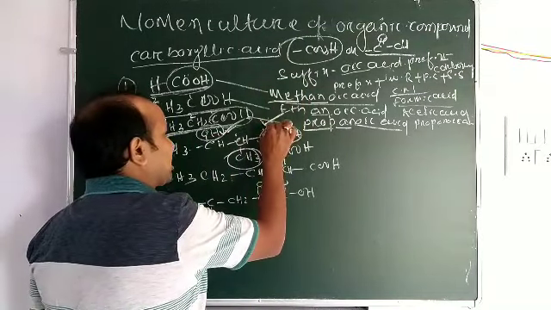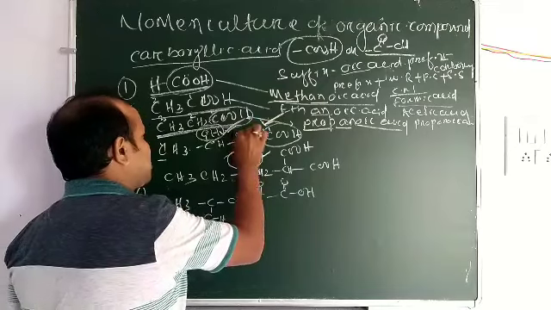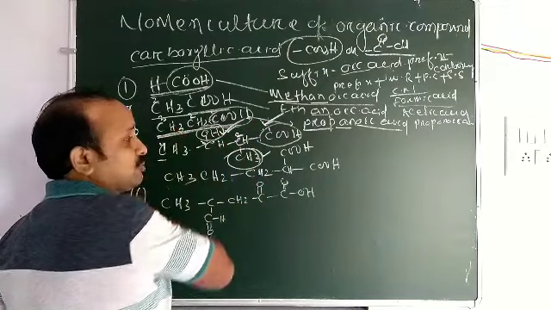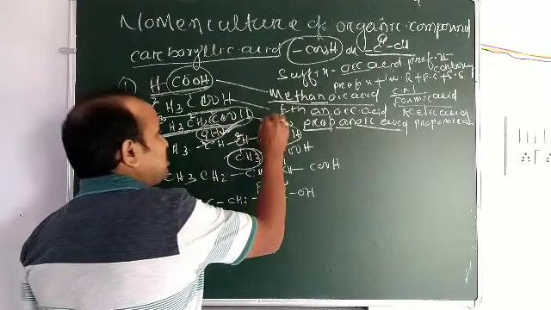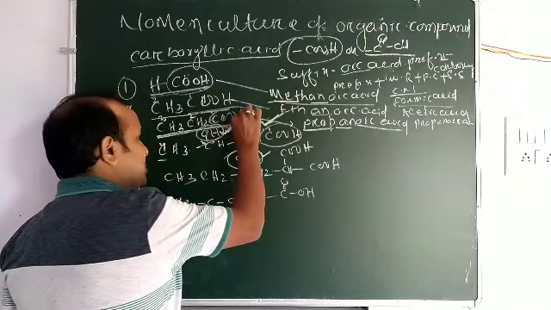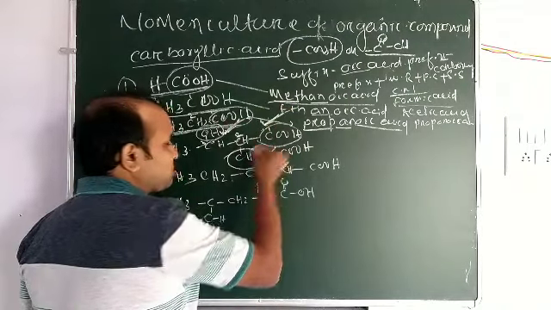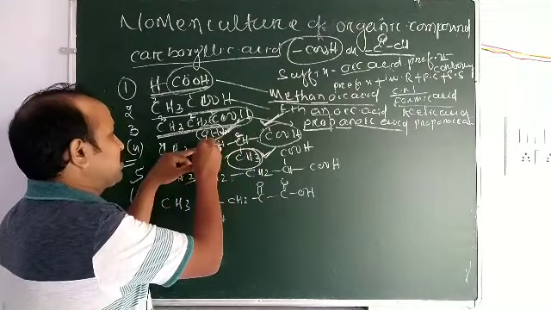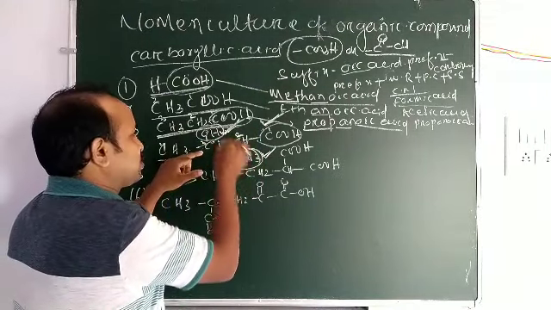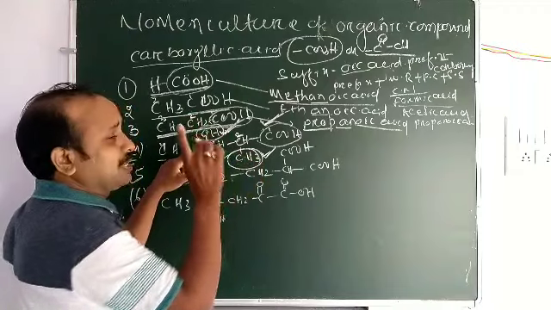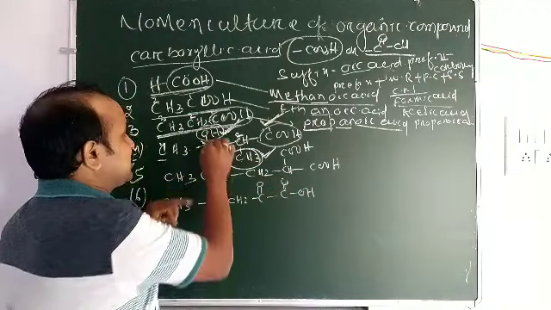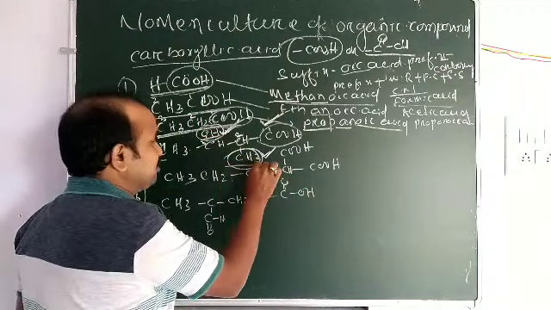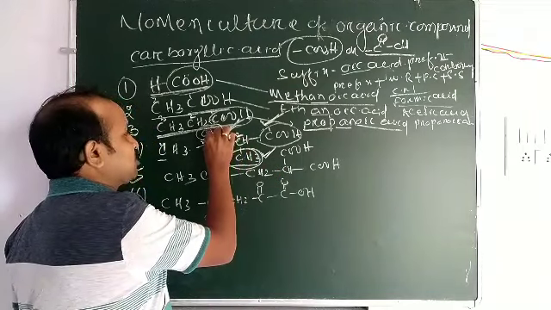So you count the carbon from this side: 1, 2, 3, 4. This is used as the suffix. This is used as a prefix. This is also used as a prefix. One prefix is attached to 2, one prefix attached to 3. As there is more than one prefix, you name alphabetically. This is hydroxy, this is methyl. So hydroxy comes first.